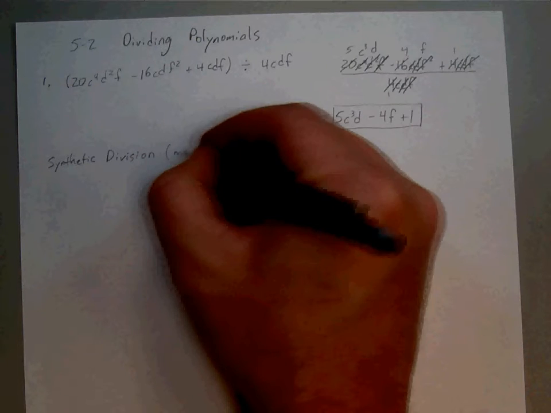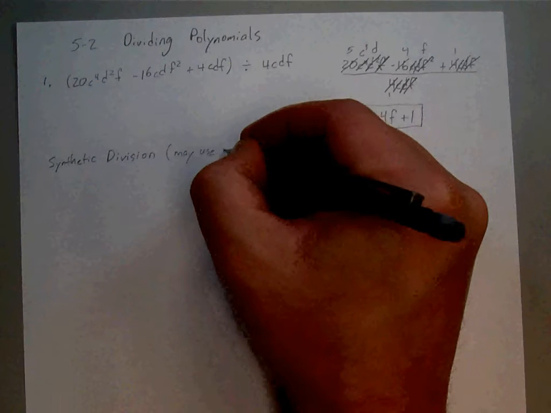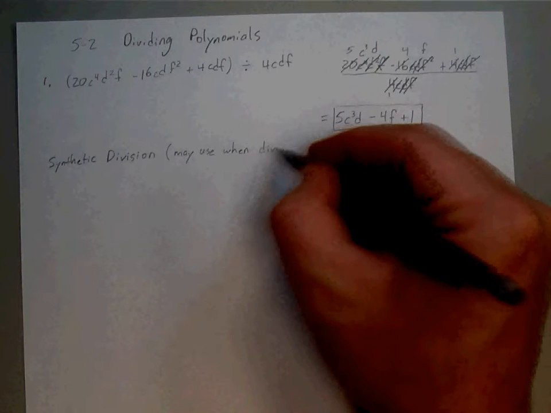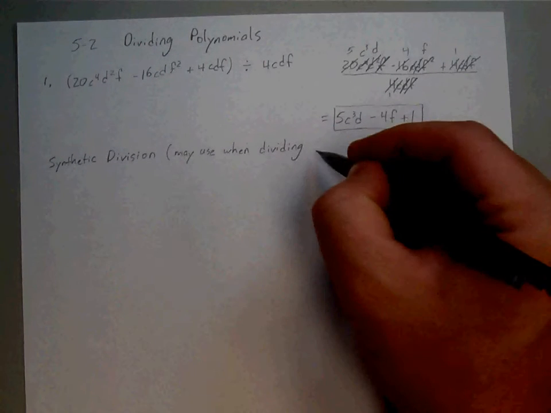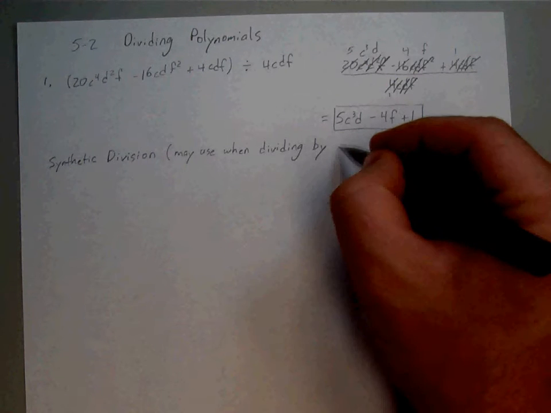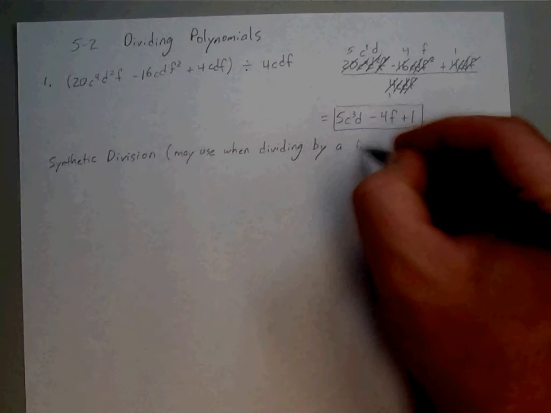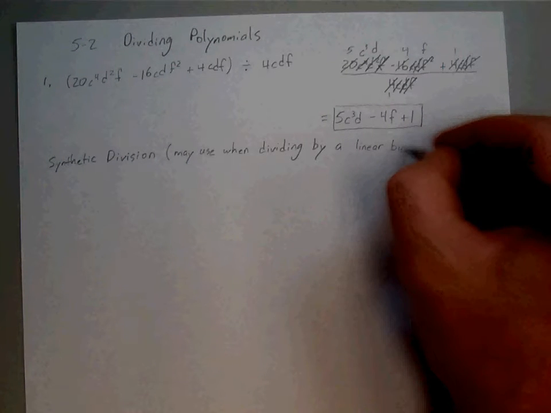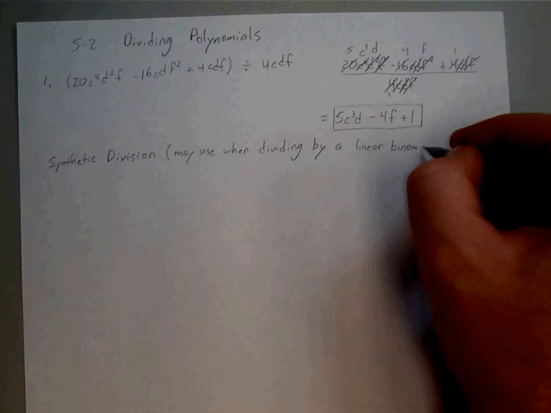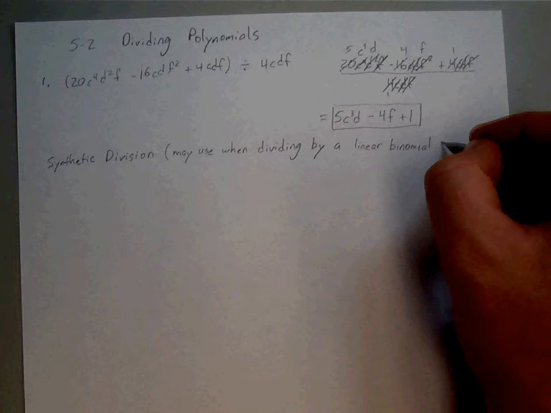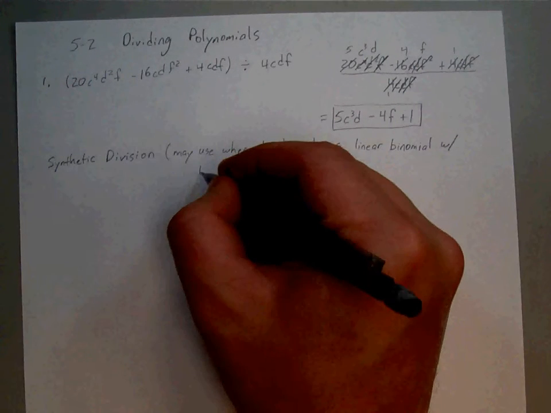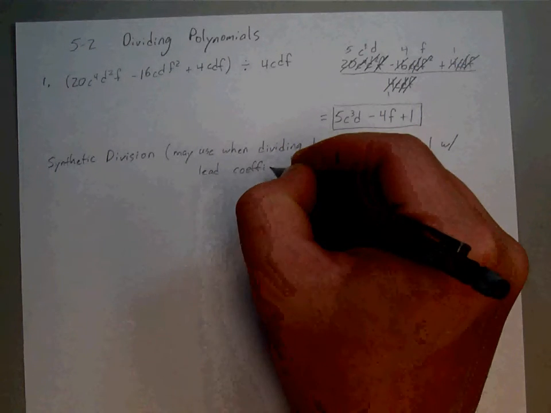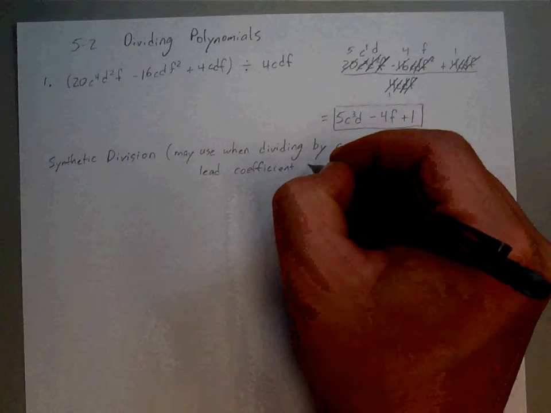we may use it when dividing by a linear, so not quadratic, I'm going to call it a linear binomial with lead coefficient of 1.